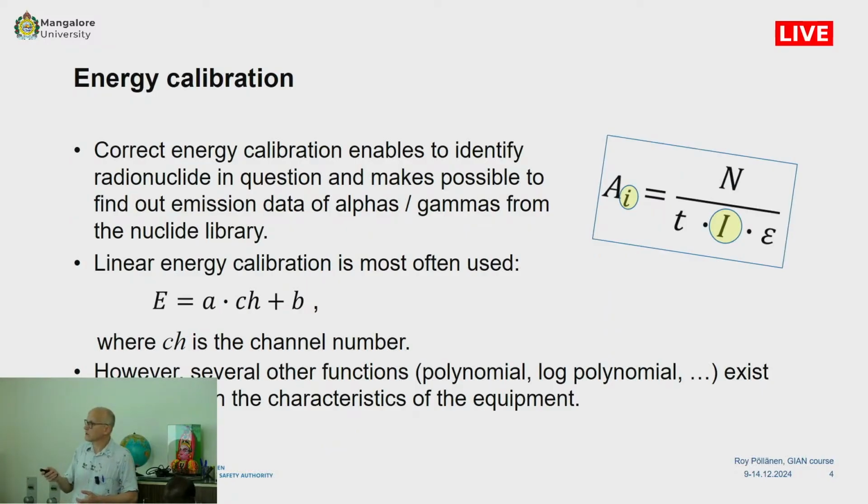Okay, let's look at the energy calibration. So, it enables to identify radionuclide in question. And I said to you, you can find the correct data from the nuclide library. In often cases, linear calibration is okay. Sometimes you have to use, for example, second order polynomial.